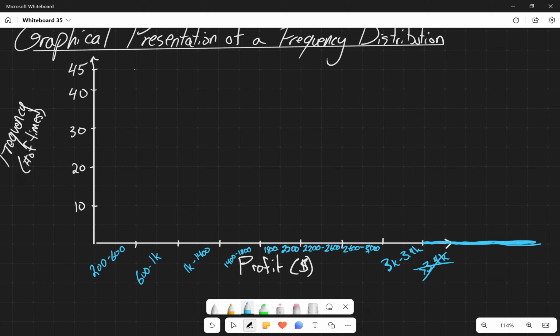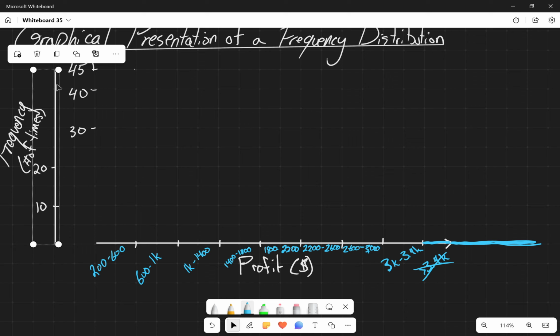So this starts at 200, so that means that, if we wanted to, we could insert another bit here, right? We could take this and move it, and say that this part from 0 to 200 has a frequency of 0, right? Now we're not going to do that because it doesn't make sense.